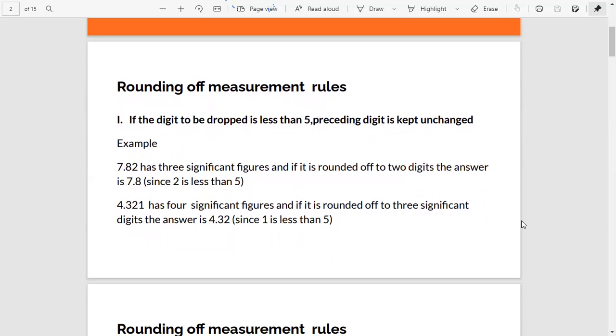The first rule says that if the digit to be dropped, you know that when you round off, you basically drop the digits. For example, this is 7.82 and we want to drop this number 2. Why do we need to drop this number 2?